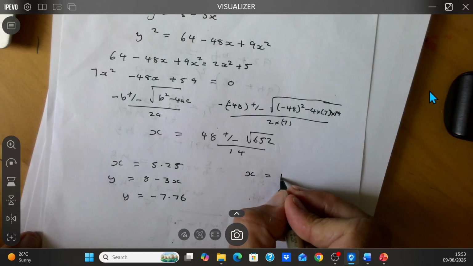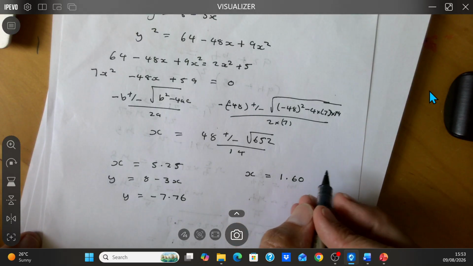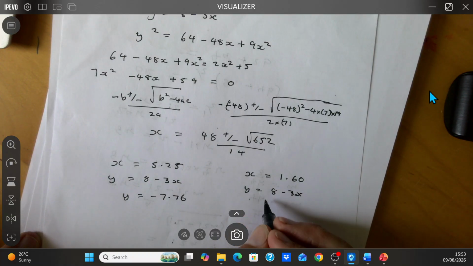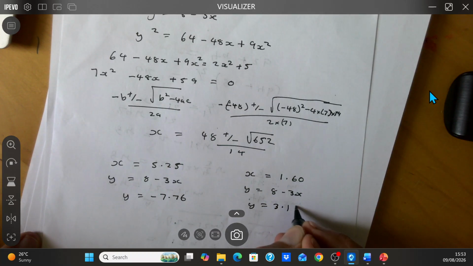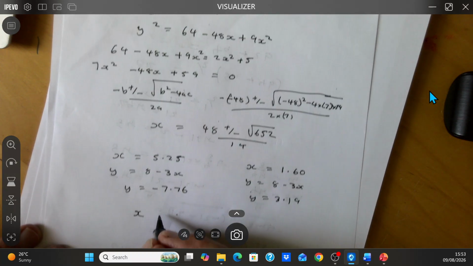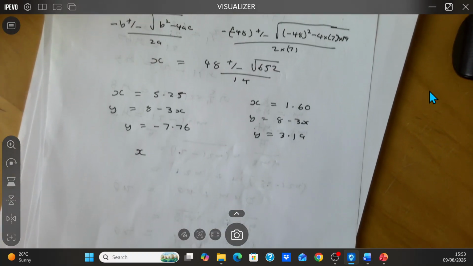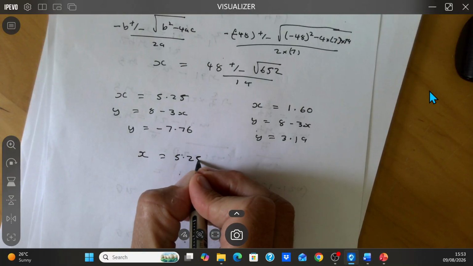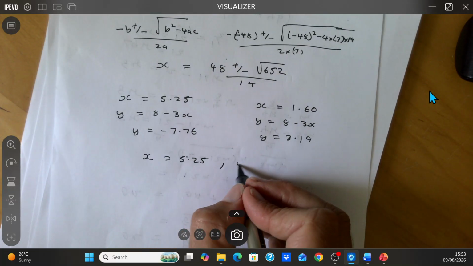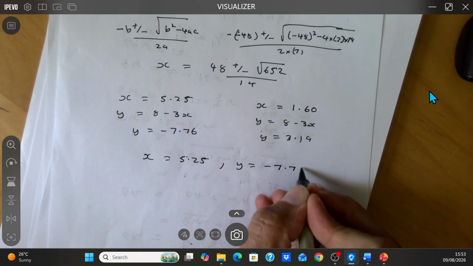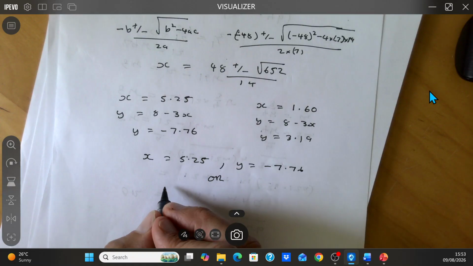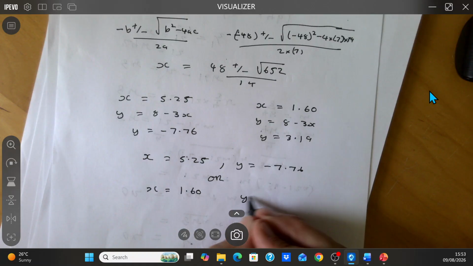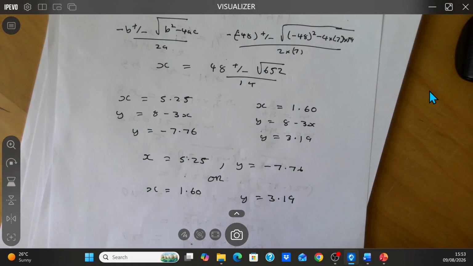Or I have x equals 1.60 to three significant figures, with y equals 8 minus 3x, so y equals 3.19. So I have my two answers of x equals 5.25 and y equals minus 7.76, or x equals 1.60, y equals 3.19.